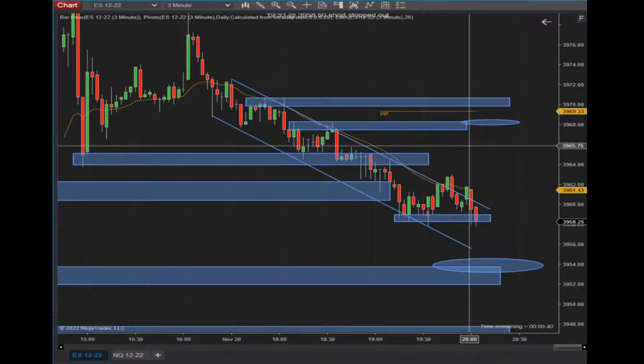Right. Looks like it's trying to break through there. But just still stuck in this 5 point range. Just got to be patient. There's nothing really to do right now.